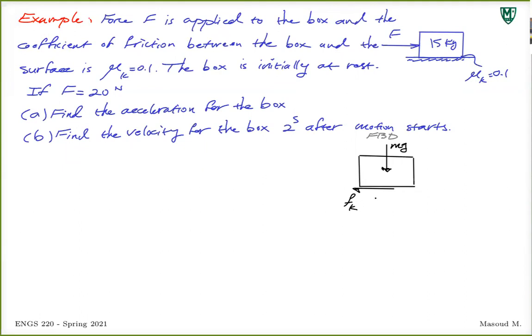Now what else on my free body diagram? Force F that is applied. Force F, exactly. So we have force F. What else?